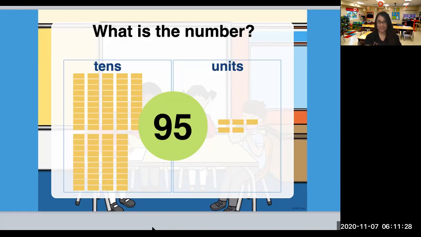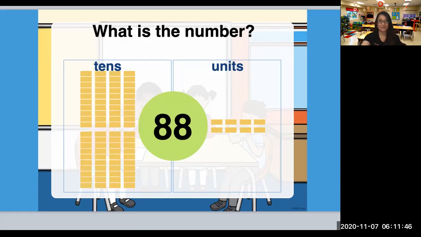Now look at these groups of 10s. Yes, we have 9 groups of 10s here. And we have 5 ones. We put them together, we have the number 95. In this example, there are 8 groups of tens and 8 ones.